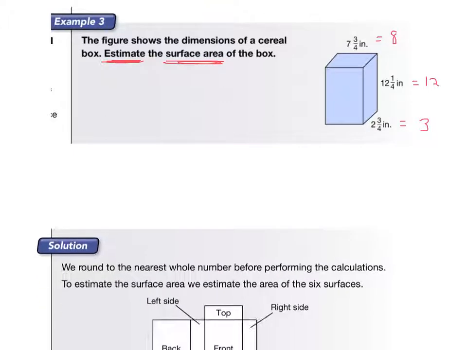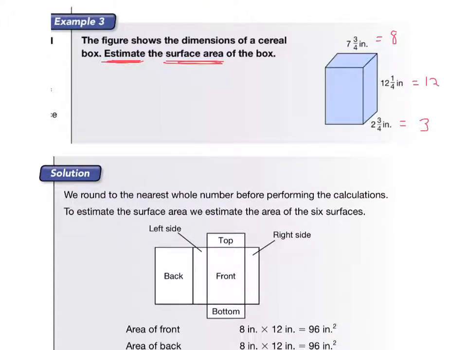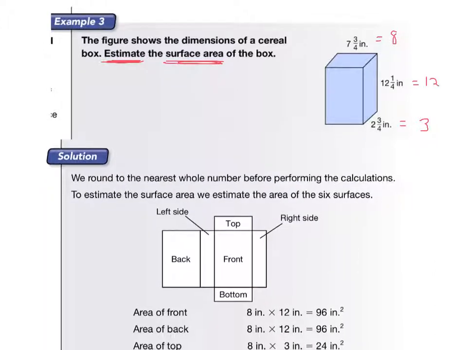Our solution says that first we round to the nearest whole number before performing the calculations. Then it wants us to do this with a net. So here we have the surface area. We estimate the area of all the surfaces. So draw the net, and it tells you that you have the back, the front, the top, the bottom, and then the left side and the right side.